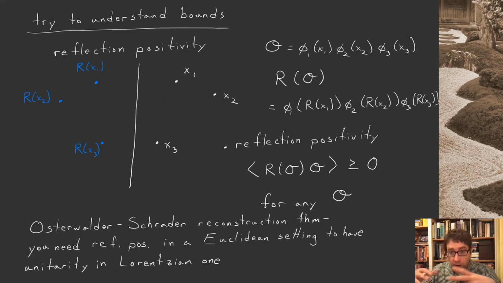So in order to have unitarity in this situation where you have a Lorentzian or Minkowski spacetime, you need reflection positivity in the associated Euclidean setting.